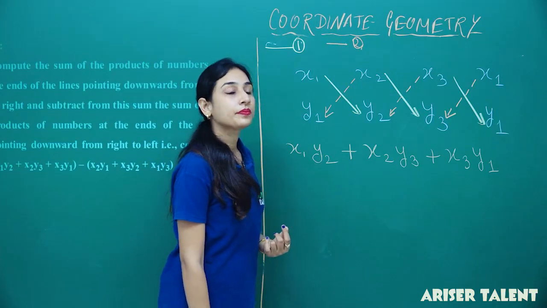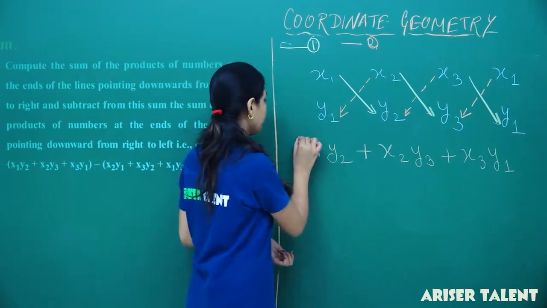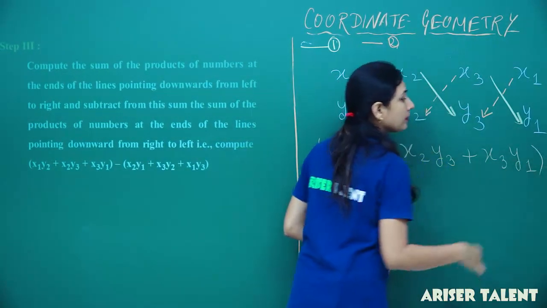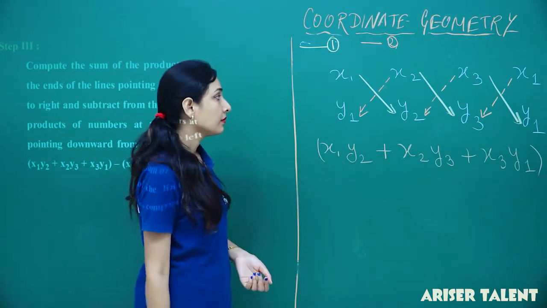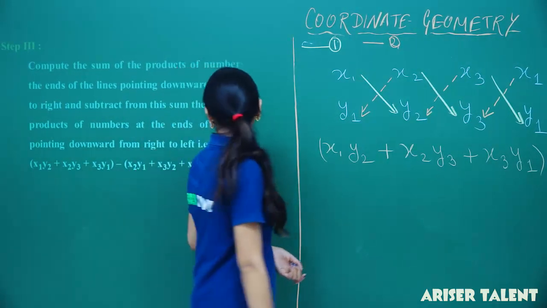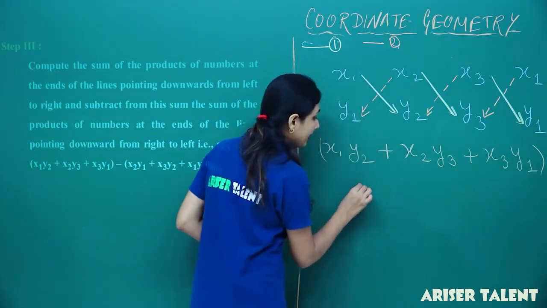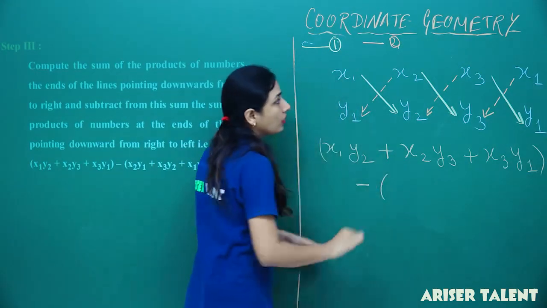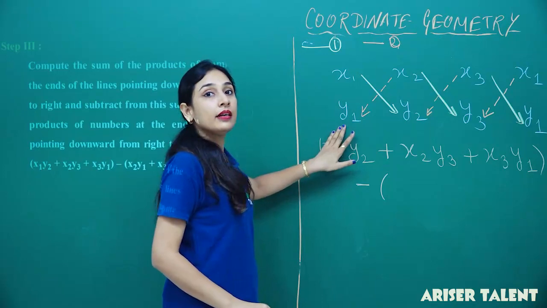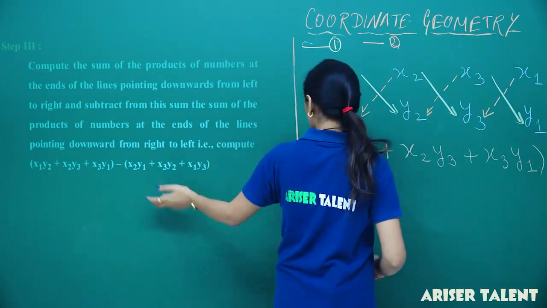These three. Fair enough. Then we'll put a minus sign here. Right from there, we'll put a minus sign here, and now that will be like x2 and y1 here.